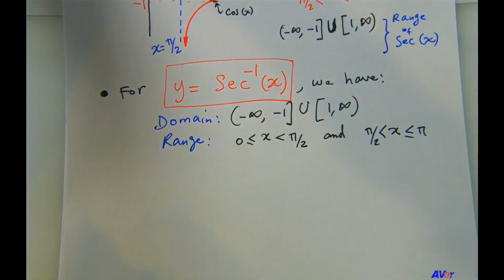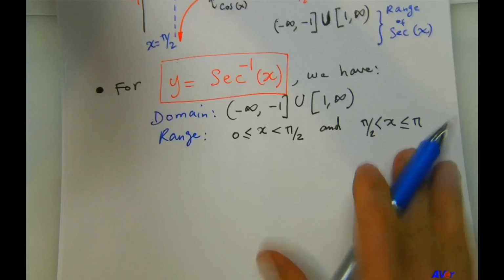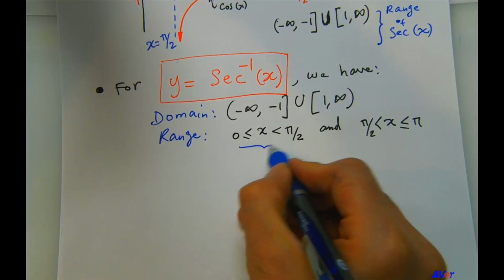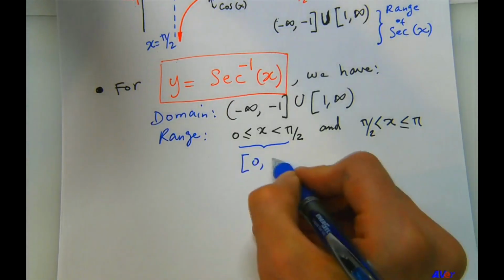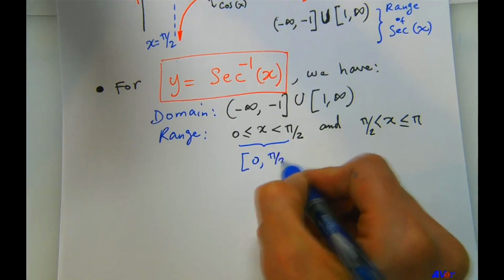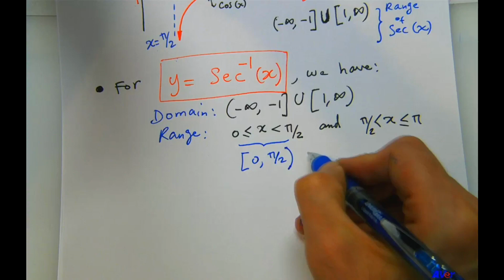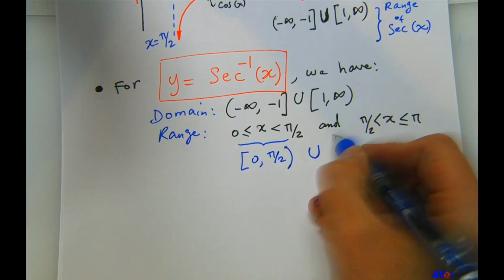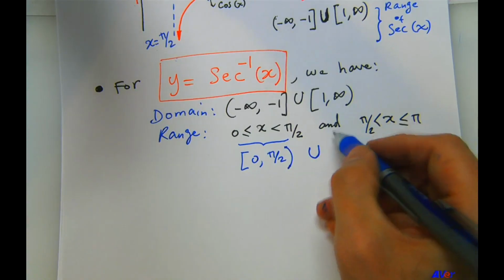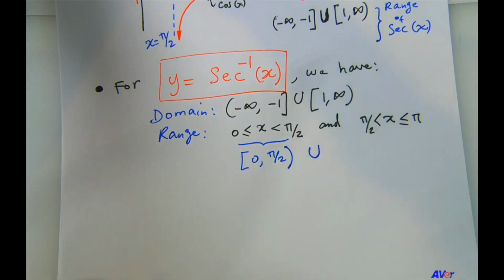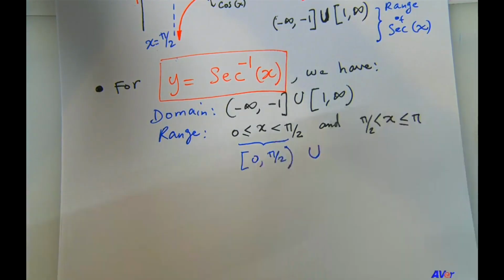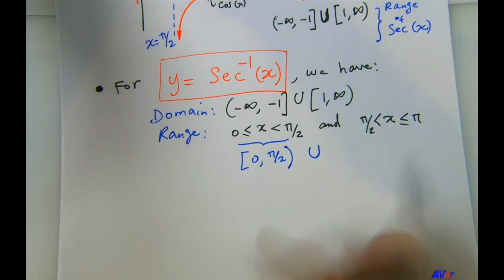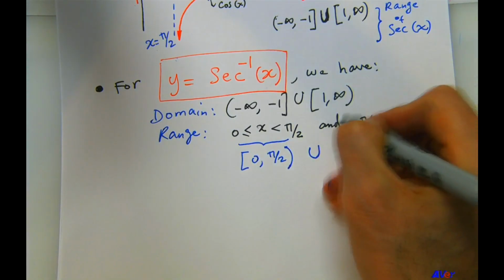I mean, we could write this using interval notation too. If you want, we can do that. We can say bracket 0 comma pi over 2 parenthesis union, I should say or. So let me correct this to or. Well, this is and or actually.